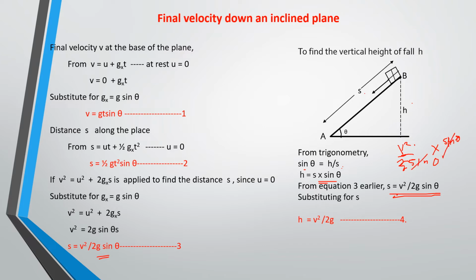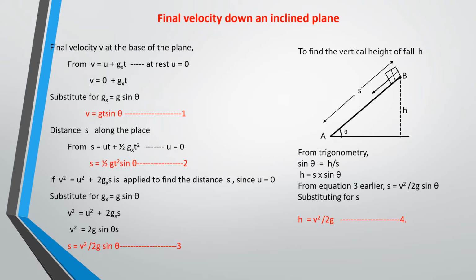So this will cancel out. So what you have finally will now be this. So this is the formula for finding the vertical height of fall of an object that is sliding down an inclined plane. Okay, so take note of all these equations because we're going to apply them to solve some problems.